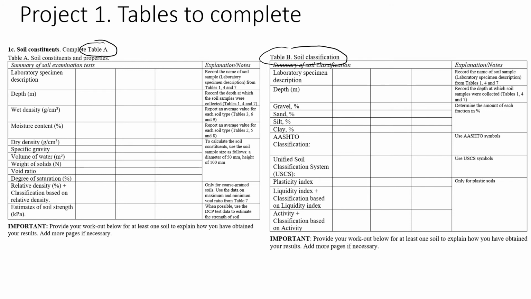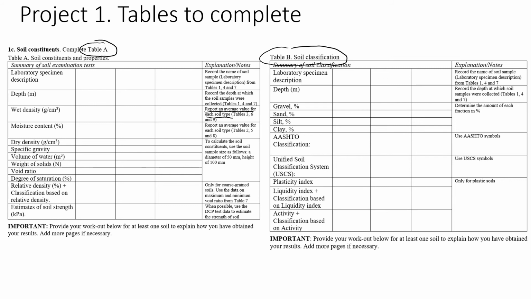You need to provide depth, where the sample was collected. You need to provide wet density. So this comes from the report. You just need to provide average density. You're going to have 3 values, but you need to provide average. The same thing you do for moisture content. You are given data and you need to calculate water content and get the average value.